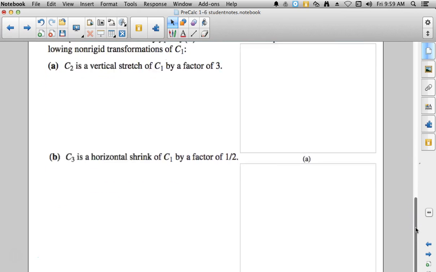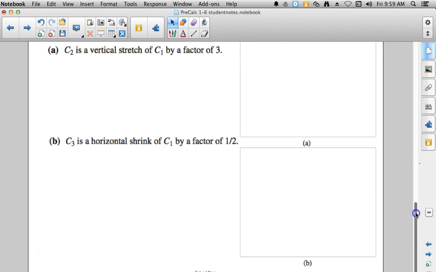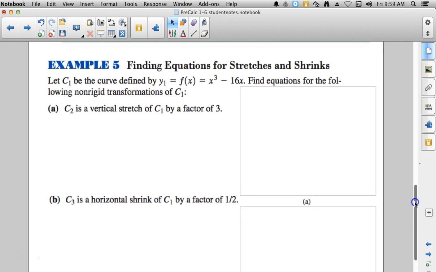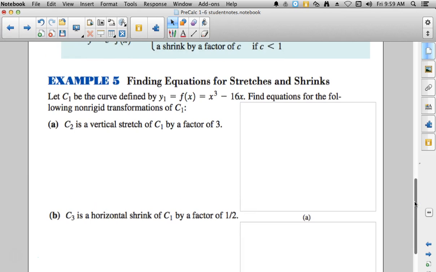Example 5 says, finding equations for stretches and shrinks. Let C sub 1 be the curve defined by y sub 1 equals f of x, which equals x cubed minus 16x. Find equations for the following non-rigid transformations of C sub 1.